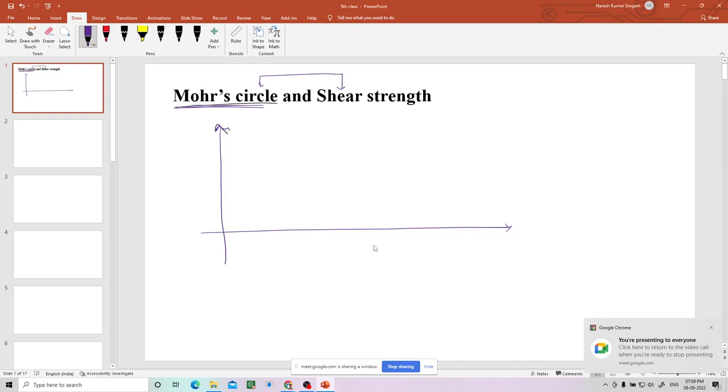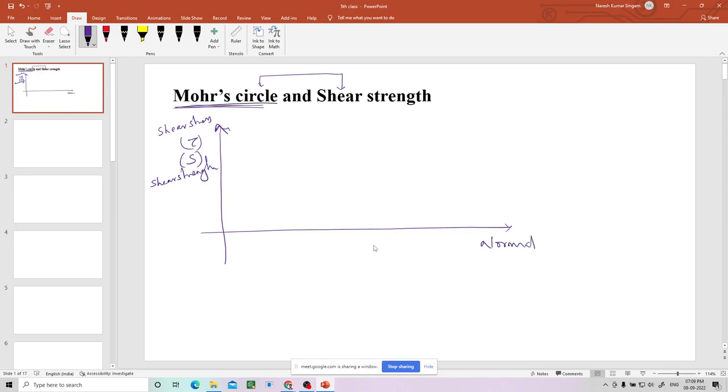On the y-axis we take shear stress or shear strength, which can be denoted by S. Both are same, shear strength. And what is the x-axis? The x-axis is normal stress, which is denoted by sigma.